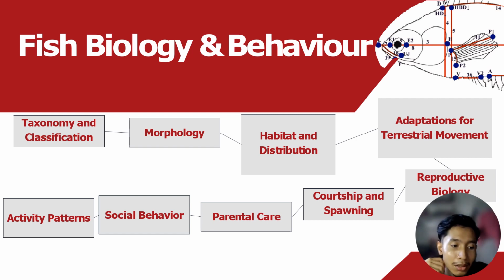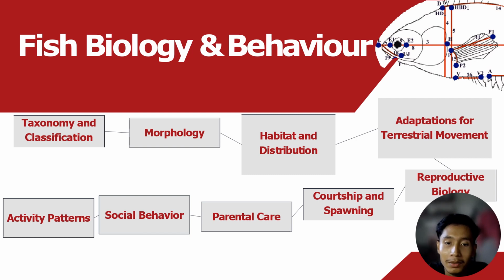Anabas testudineus belongs to the family Anabantidae, commonly known as climbing perch due to its ability to travel short distances on land. Okay, the morphology: elongated body with dorsal and anal fins extending into long filaments. Distinct coloration, often shades of brown or green with dark markings.